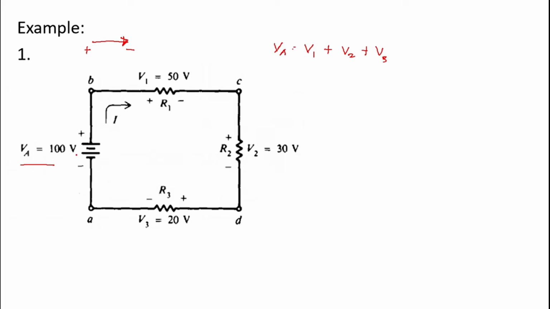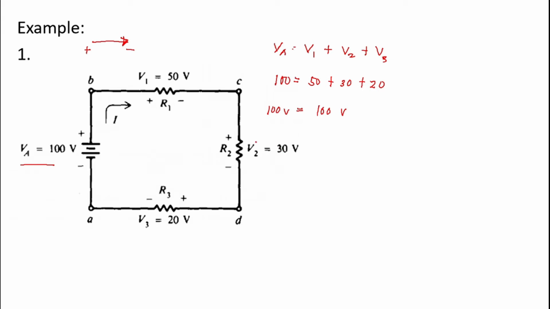The voltage supply is 100, equal to V1, which is 50 volts, plus V2, the voltage drop across resistor 2, which is 30 volts, plus the voltage drop across resistor 3, which is 20 volts. The summation, 50 plus 30 plus 20, is equal to 100 volts, which is also equal to the voltage supply.